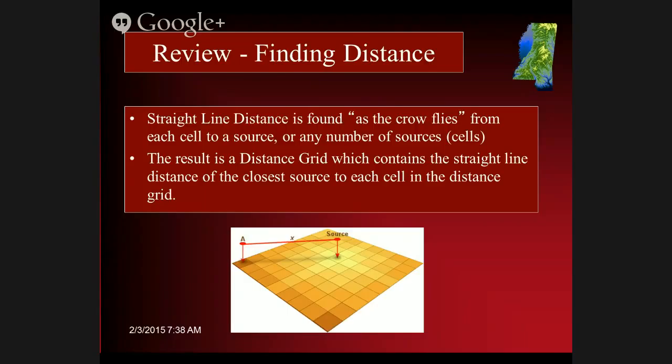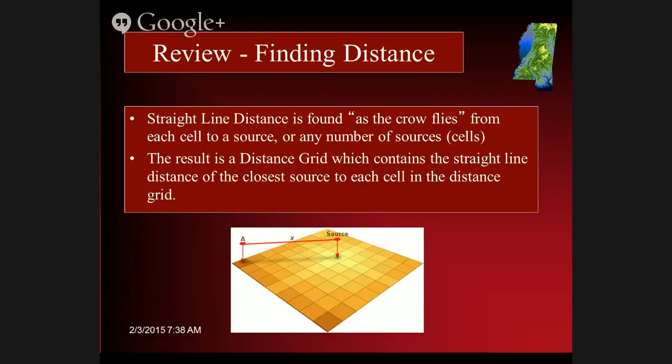So the inputs to finding distance are always what you're finding the distance from, and in this case, it's just the grid that we want to use, and all the values have an equally weighted cost associated with them.